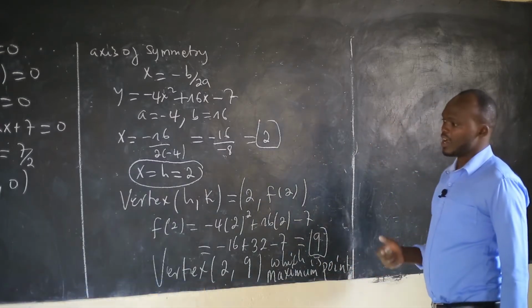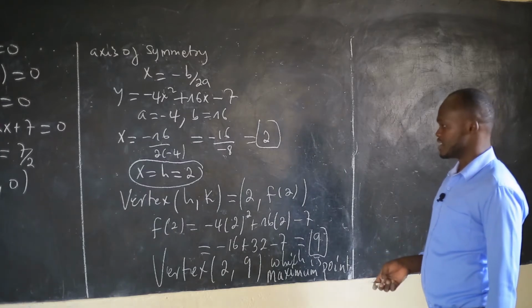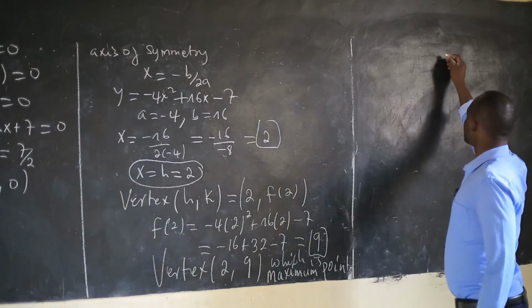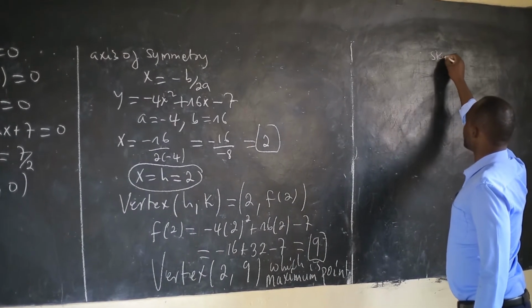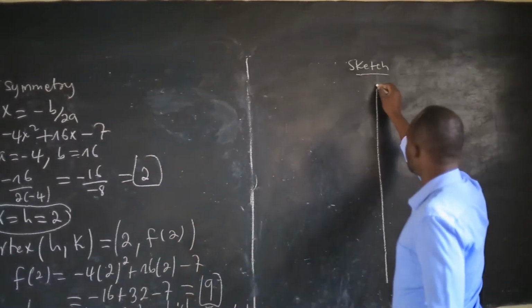So we have the vertex, we have the axis of symmetry, we have the x-intercept, and we have the y-intercept. So now we can sketch the graph. We have our graph here.